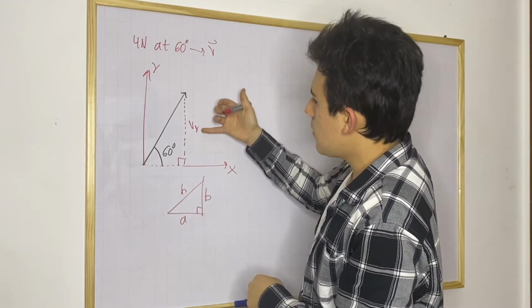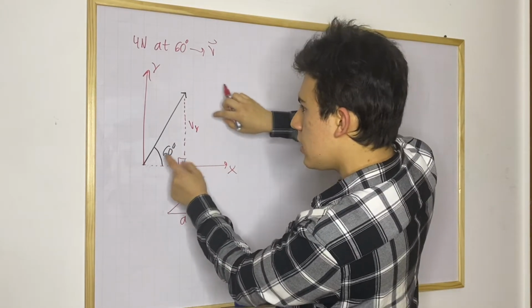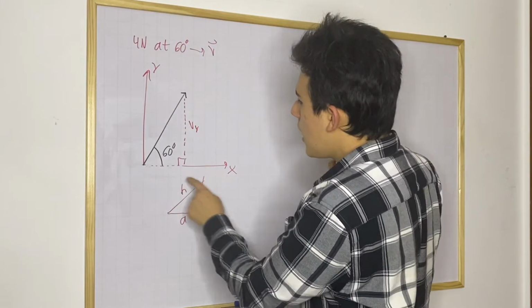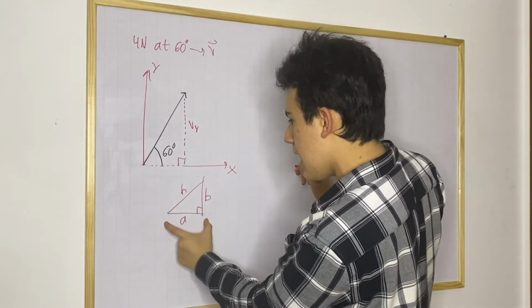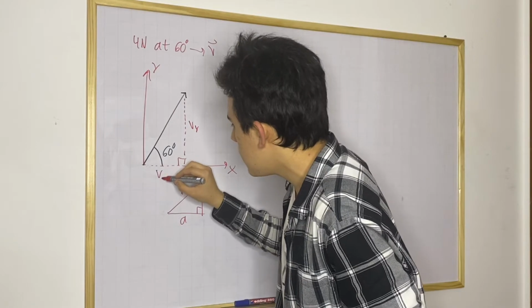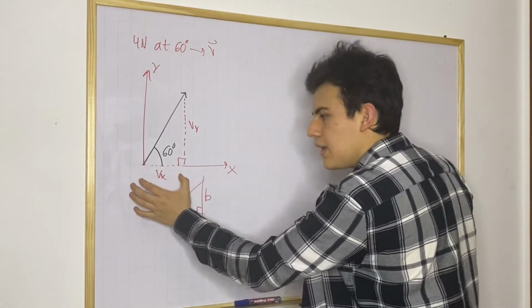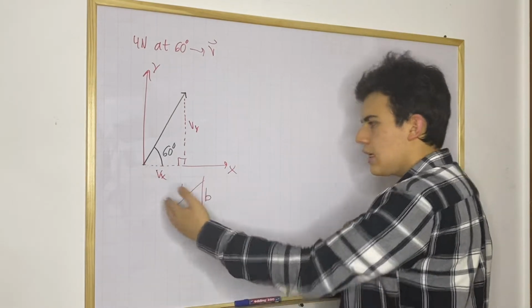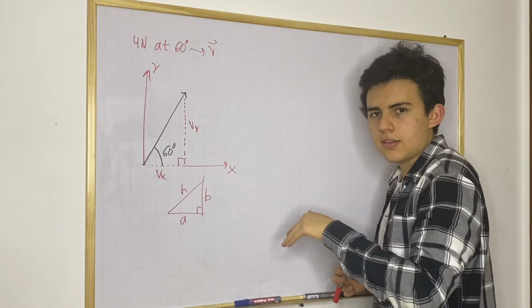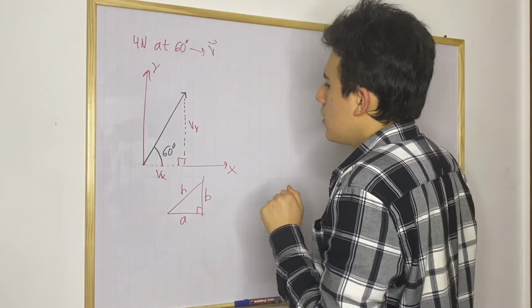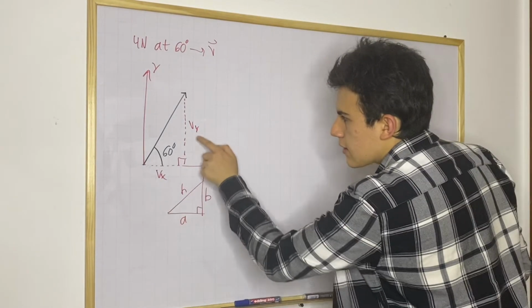And we say it's y because it's parallel to the y-axis. And now this side, which would be A, we're going to say it is Vx, okay? Because this vector is projecting Vx units on the x-axis. So now, how do we find Vx and Vy?